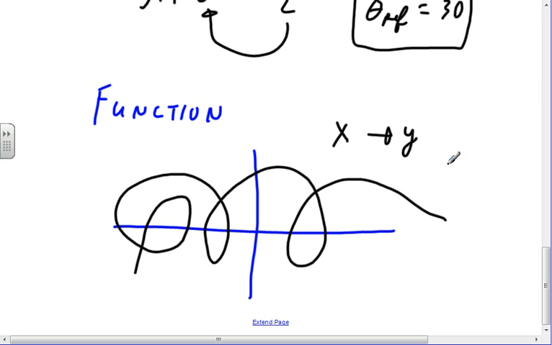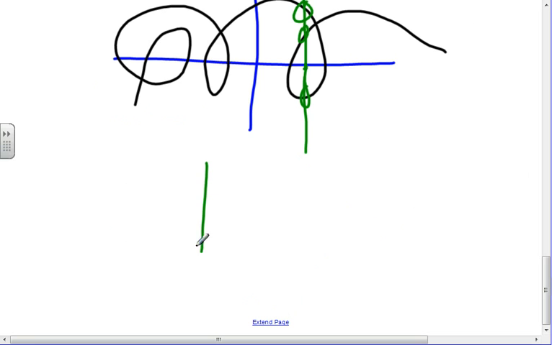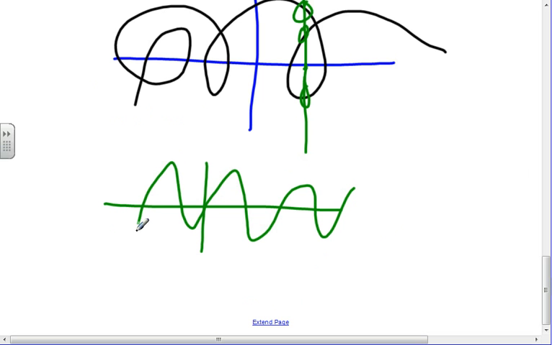No, that's not a function, because at some x I have 3 y's. This is not a function. Okay, so now I ask myself, here's my sine guy here, is sine a function? Well, for any place I draw an x, I only get one y. So sine is a function.